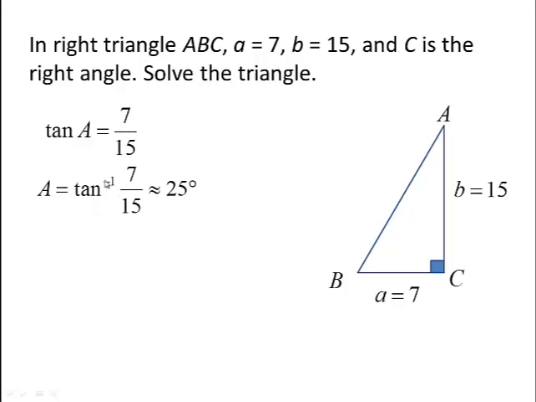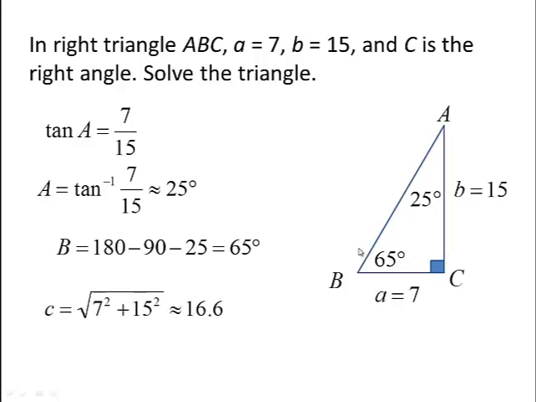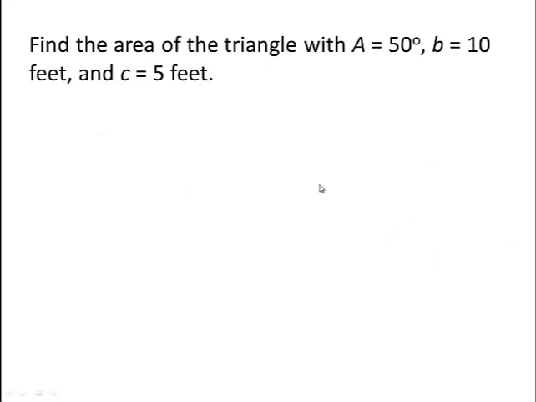So taking the arc tangent of both sides, arc tangent of 7 over 15 is approximately 25 degrees. Now it's pretty much the same as the last problem. We can subtract from 180 to get 65, and then using the Pythagorean theorem to finish, that is 16.6.